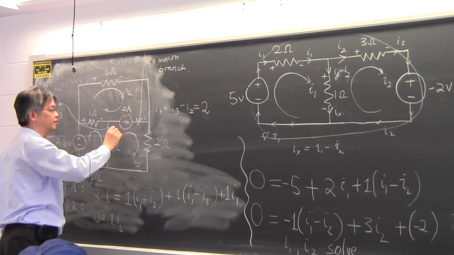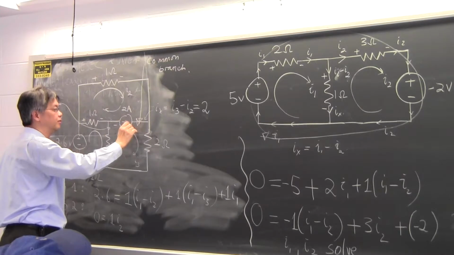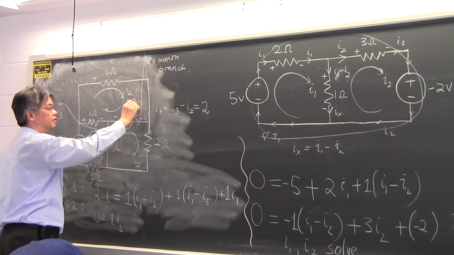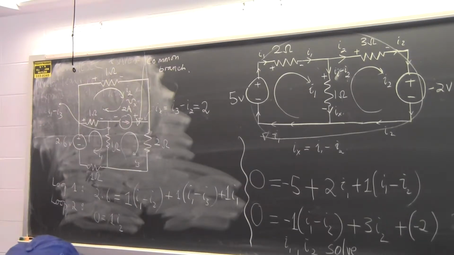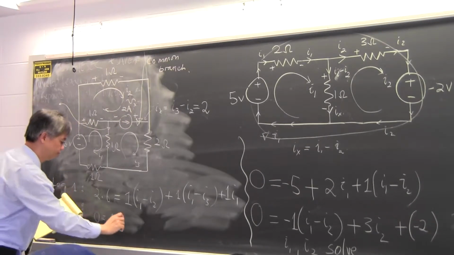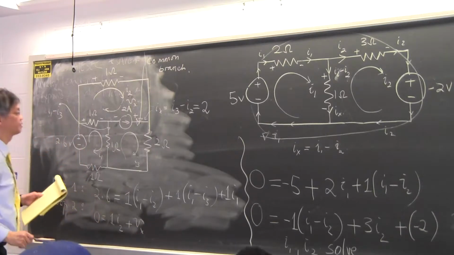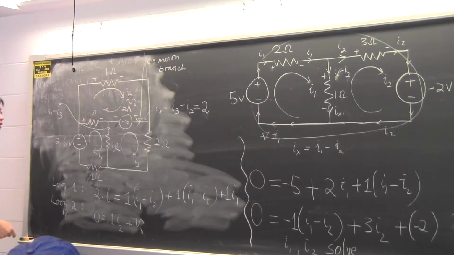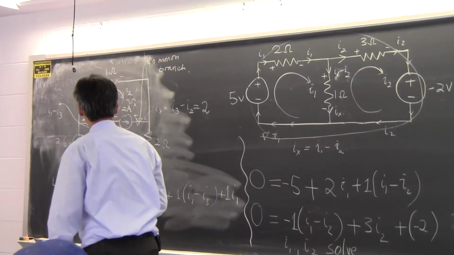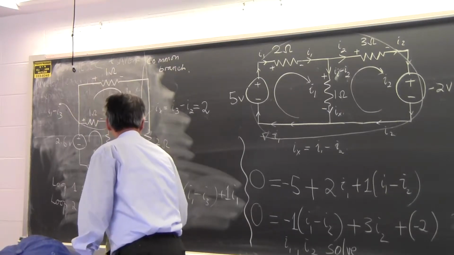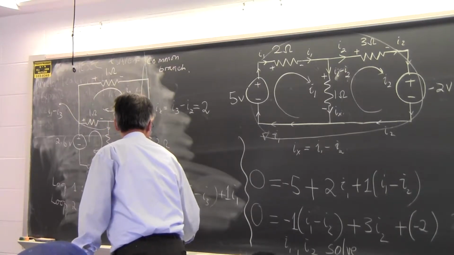Let's assume that across this current source, we have a voltage drop in this manner of Vx. If we walk around in this loop, then there's a voltage drop of Vx in this direction, and then I have to add this voltage drop, which is now actually a voltage rise, so it should have a minus sign of I1 minus I2.